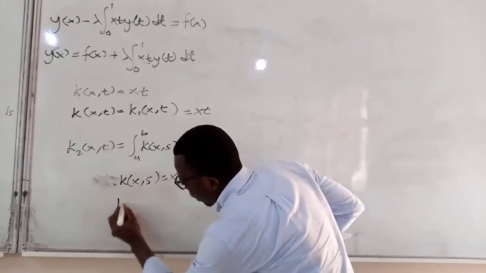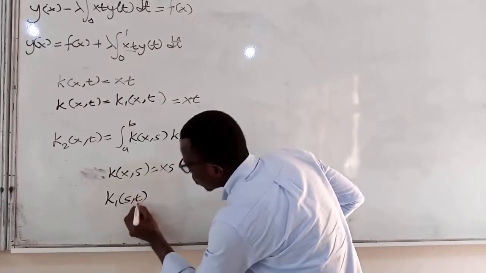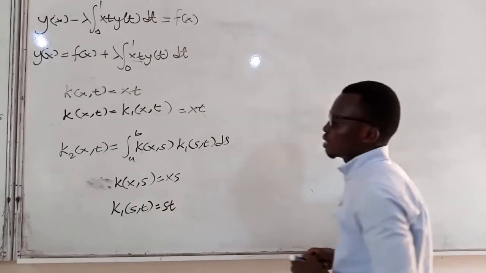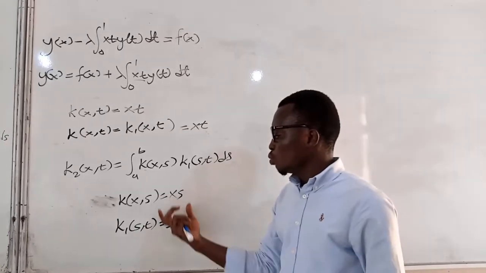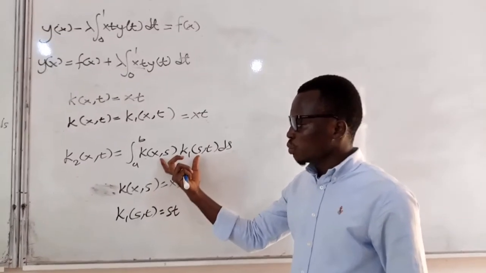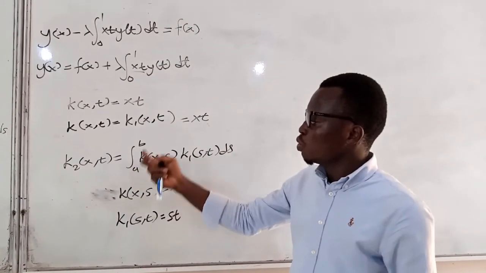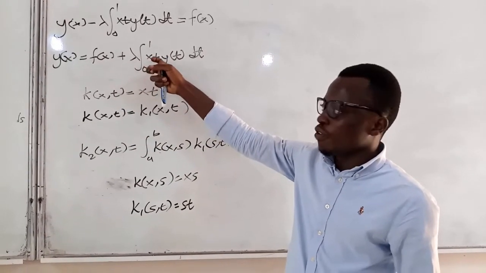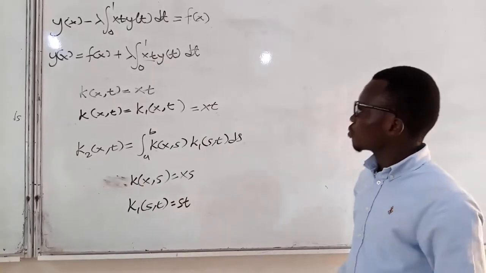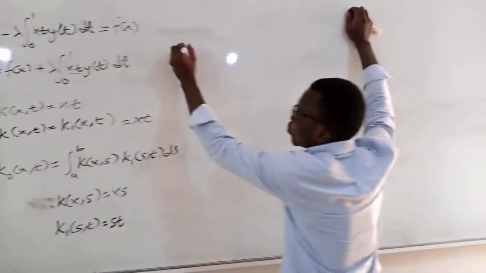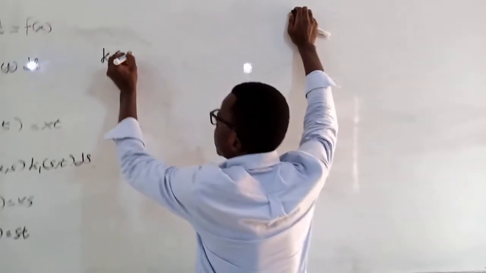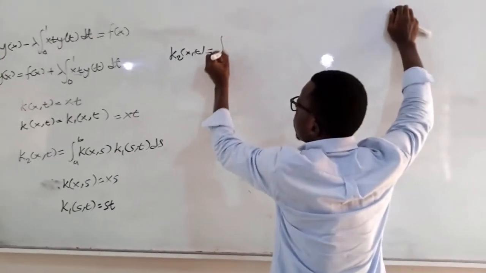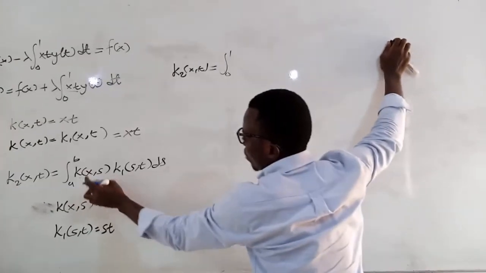We are going to have our K1 of s,t to be equal to s t. Now let's substitute these two into this equation, integrating from 0 to 1, because this is a Fredholm integral equation. Our K2 of s,t becomes the integral from 0 to 1 of K of s comma s. This is the same as what?